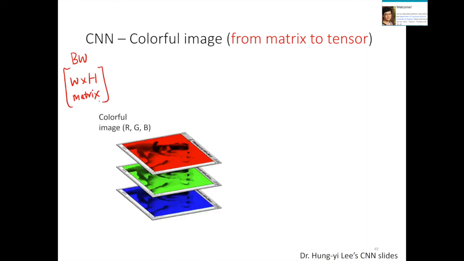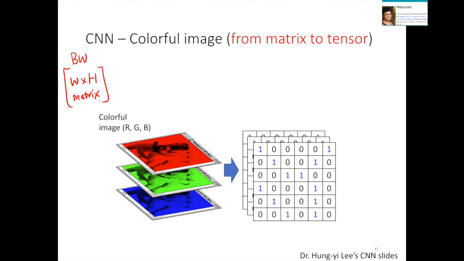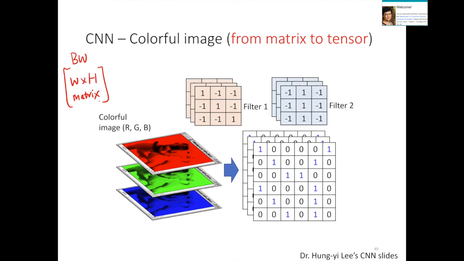But the colorful images, they have RGB channels, right? So this makes the input not a matrix, it's a tensor. And then your filter design needs to consider the channel too, while you have a 3 channel input in the raw, and then my filters also have that 3-dimensional channel represented.